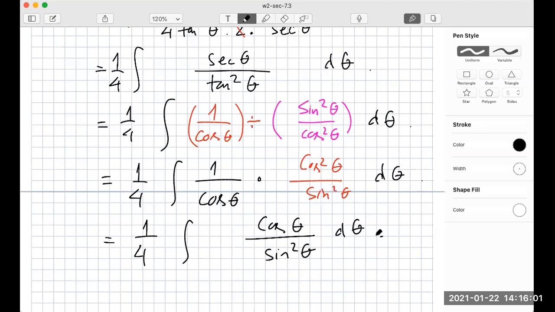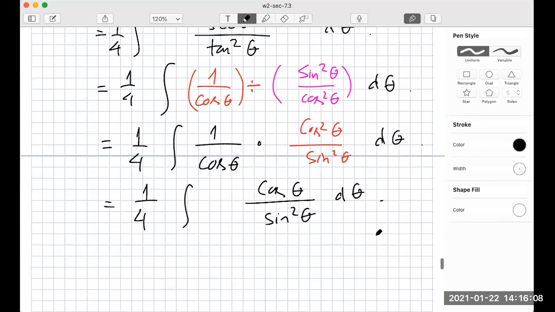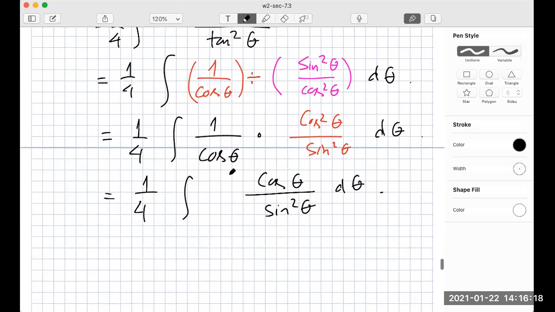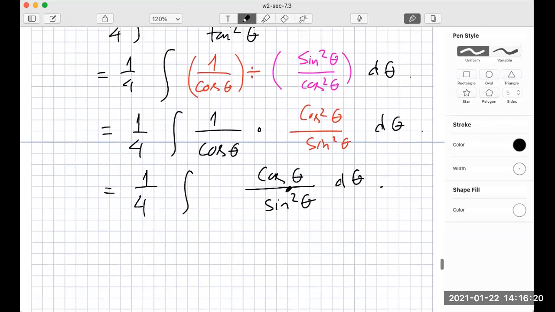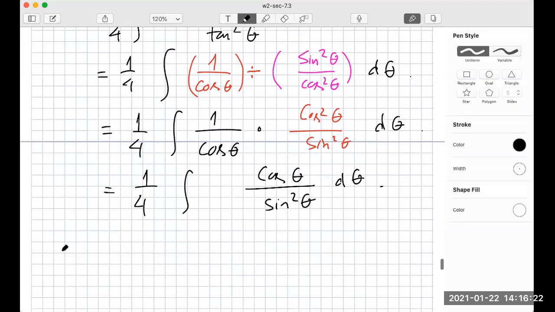Yeah, we do substitution. Wow, it's complicated, right? U is sine or cosine, right? Let us try. So if we define, very good, thank you, Alex and Angelina.